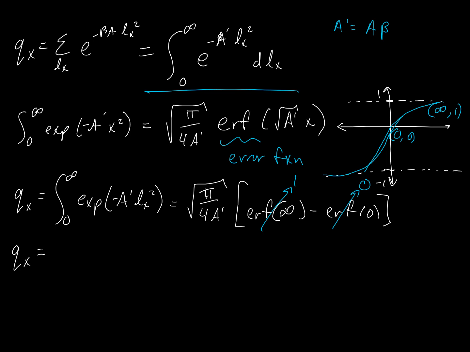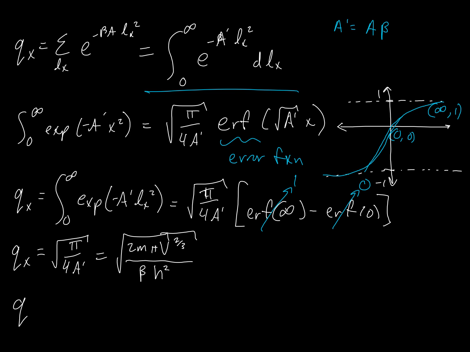So then Qx, if we unsubstitute everything back in, pi over 4a prime, which is 2 times the mass times pi times the volume to the 2/3 divided by beta and Planck's constant squared. The single particle partition function is the same thing for x, y, and z directions.